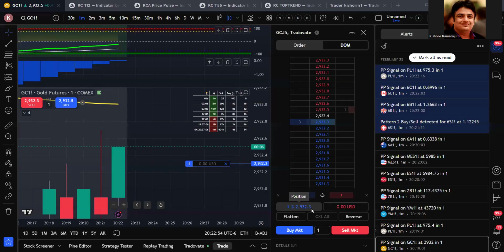I bought at 32.3. So if I sell at 33, that is nearly $70.